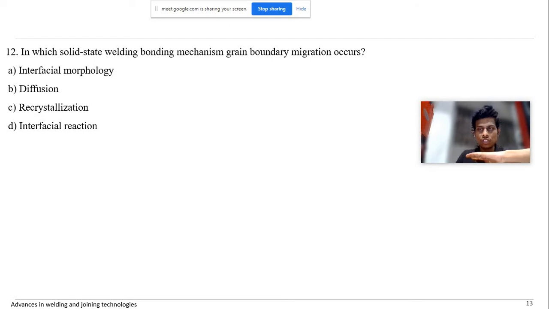What is the morphology that will be dominating in providing the weld joint? That is basically interfacial morphology. That is called interfacial morphology. Right now I can't tell much about this. If required in the next session, I will give little details.